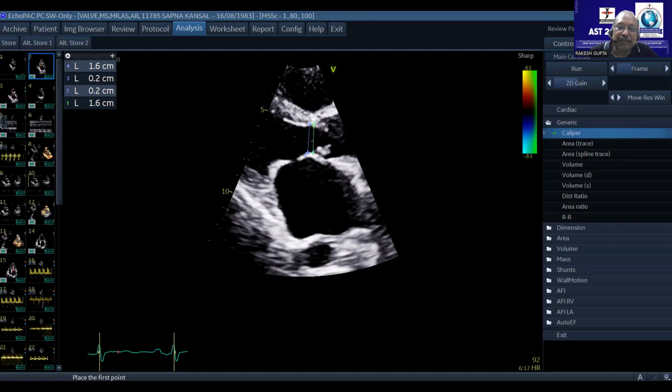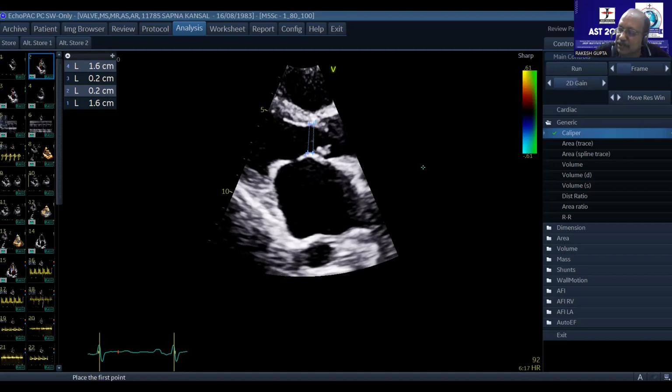So LVOT diameter was 1.6. You have to calculate area, which is pi r square. Diameter is 1.6, divided by 2 is 0.8. 0.8 into 0.8 is r square. Pi is 3.14. That is pi r square. And if you multiply with LVOT VTI, which was 26.71, I'll be able to get the volume of blood which is going through LVOT.